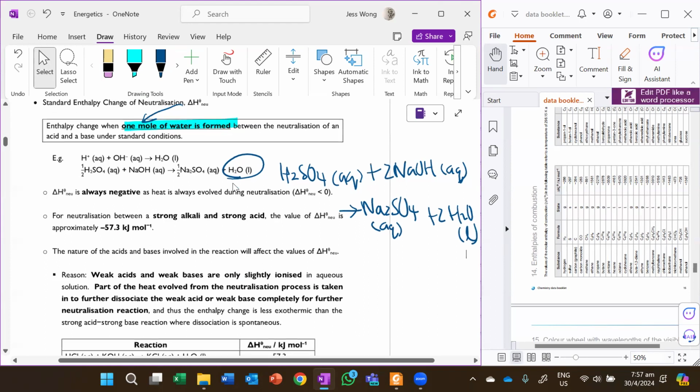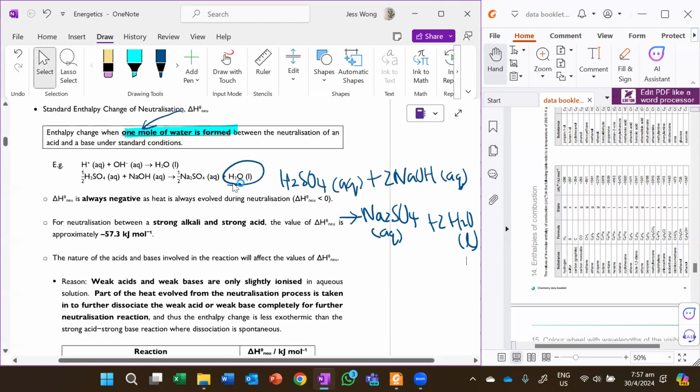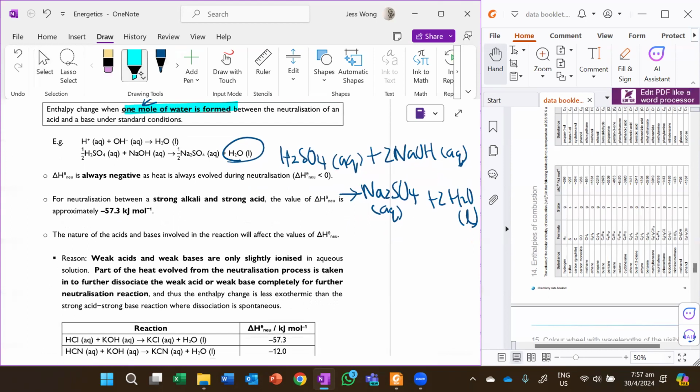thermochemical equation. Now, enthalpy change of neutralization is always exothermic. And for usual strong acid strong base neutralization, they find that the enthalpy change is always about minus 57.3.